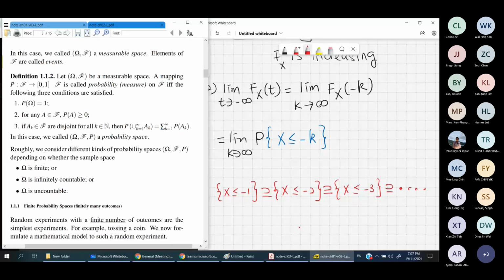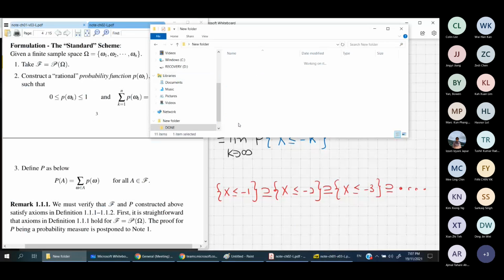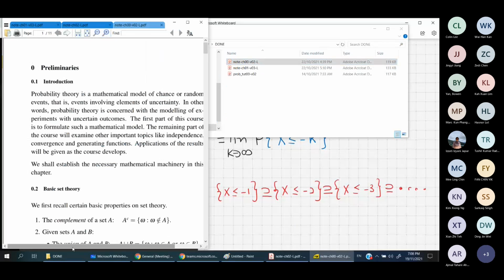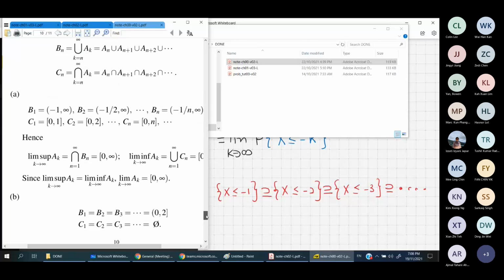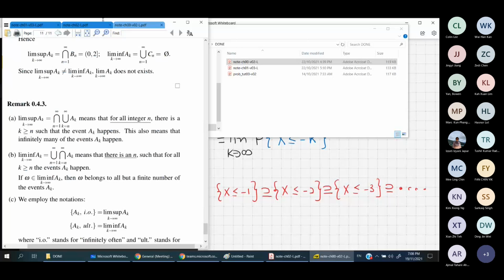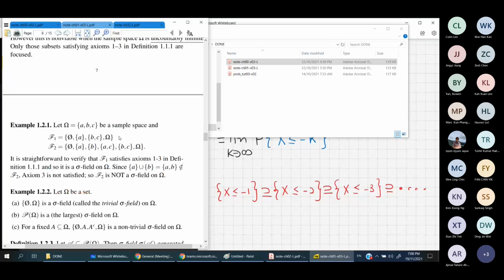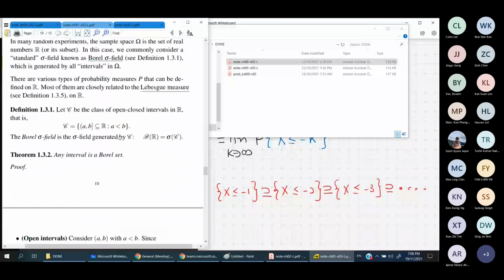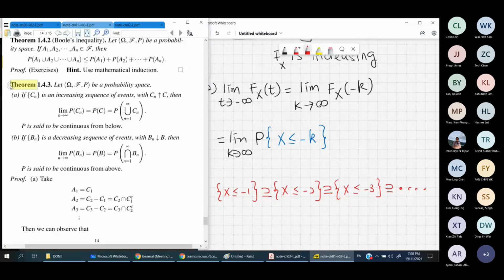So we go back to our chapter 1. Okay, so let's look at this theorem, 1.4.3. If B_n is a decreasing sequence, then the limit of P(B_n) will be equal to P of the intersection of them.